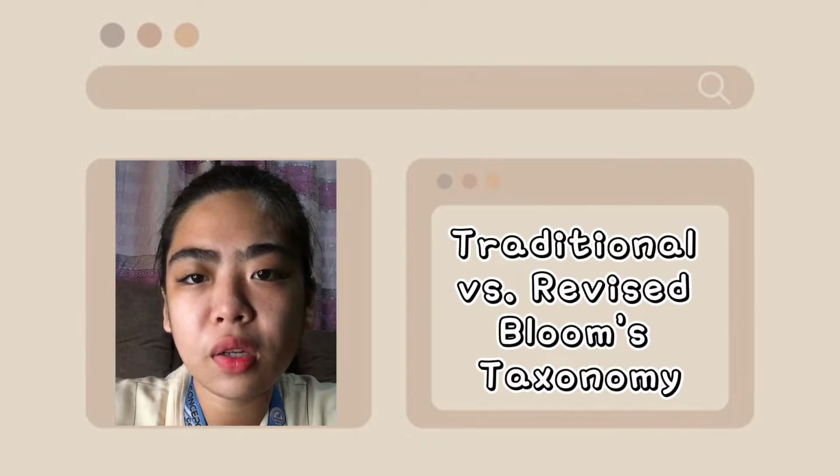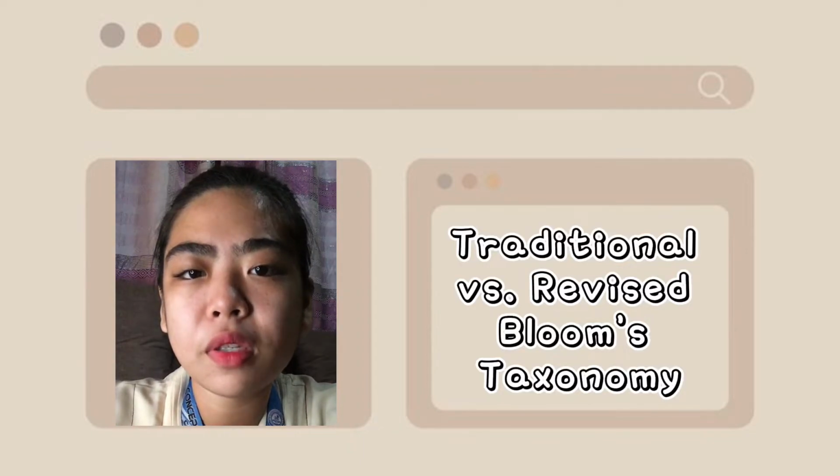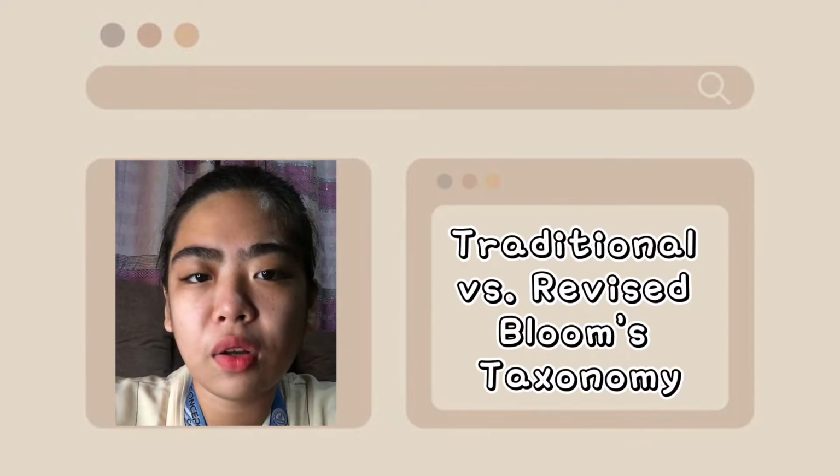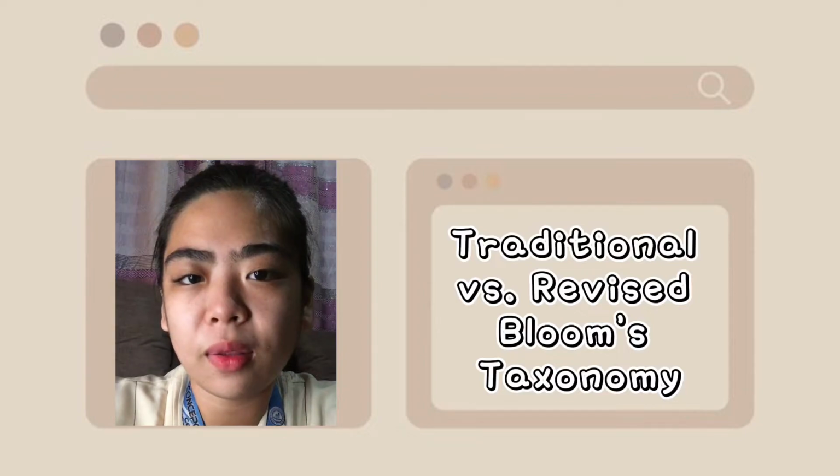The word taxonomy means classification of structures. Bloom's taxonomy classifies thinking according to six cognitive levels of complexity. First is knowledge, second is comprehension, third is application, fourth is analysis, fifth is synthesis, and last is evaluation.